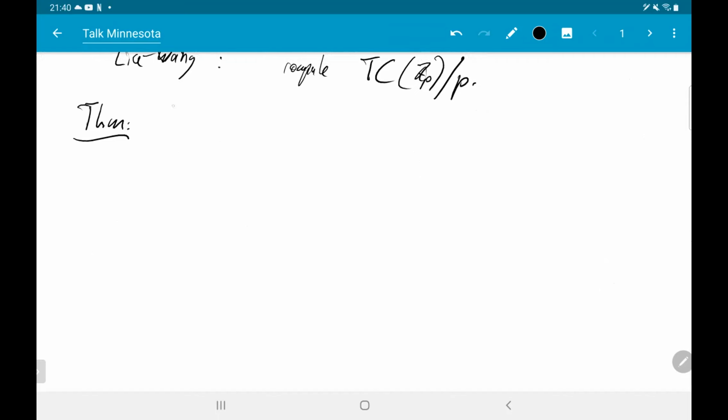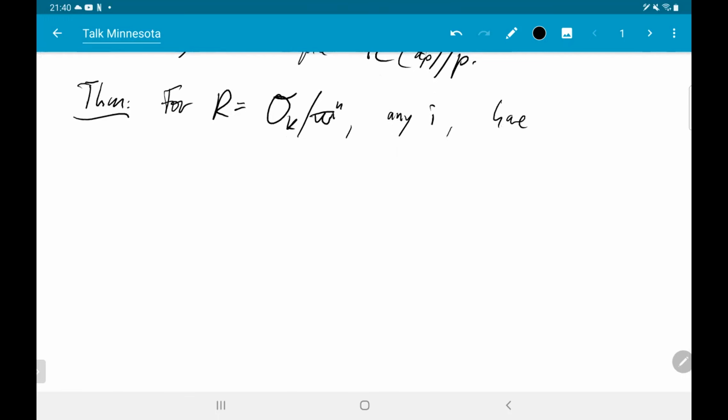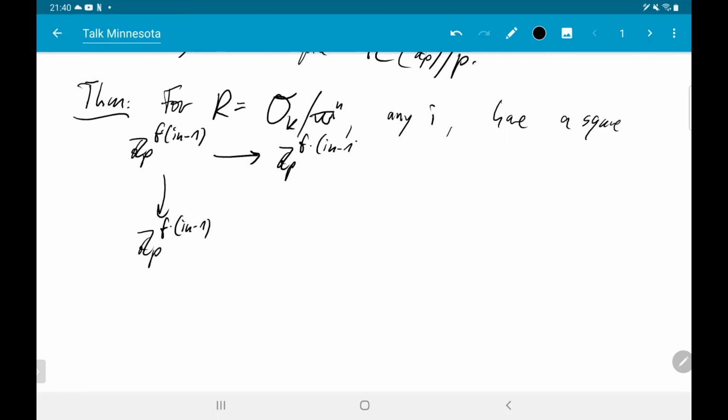So concretely, what we get is that for rings such as this O_K mod pi^n, and for any i, we get a square consisting of free Z_p modules, all of the same finite degree.